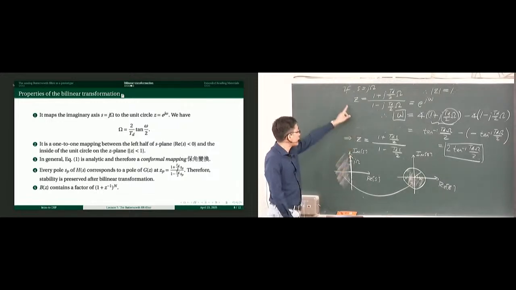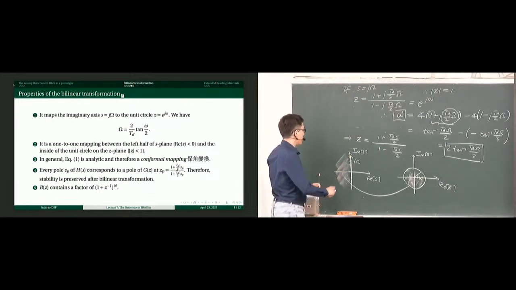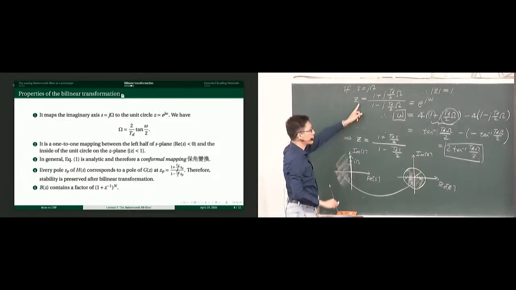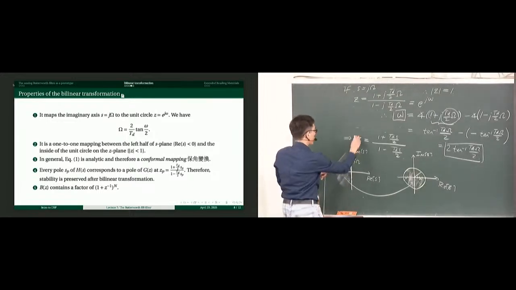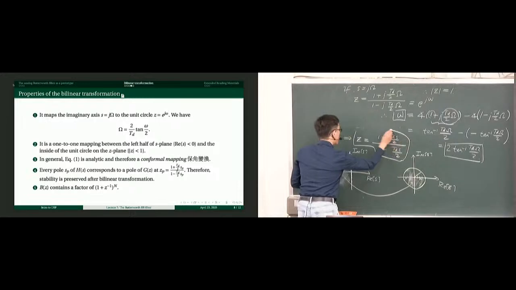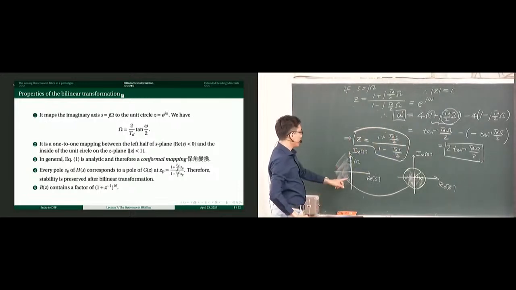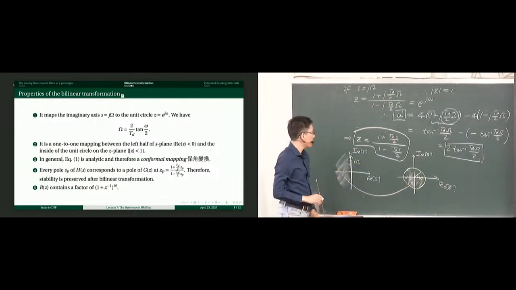So we know that S is a function of Z, or let's say Z is a function of S. Z as a function of S, going from the S to the Z domain, okay?